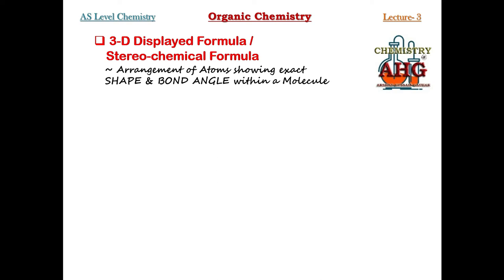So whenever with the help of a chemical formula we can show the exact shape and bond angle between different atoms, that type of chemical formula is known as 3D displayed formula.